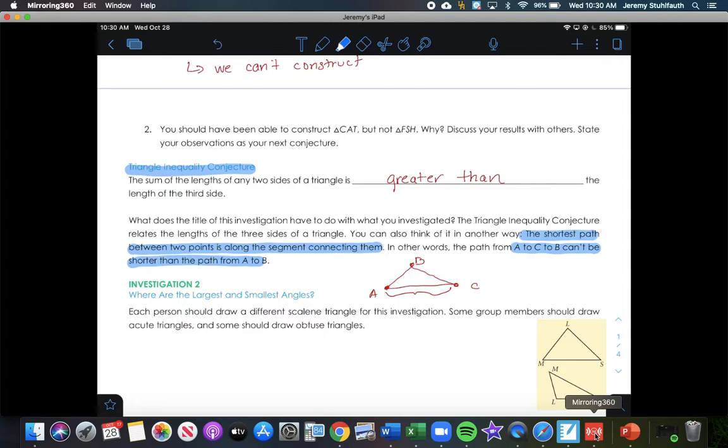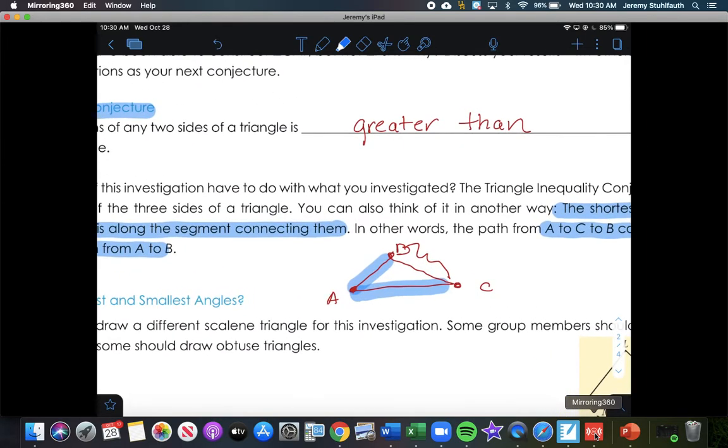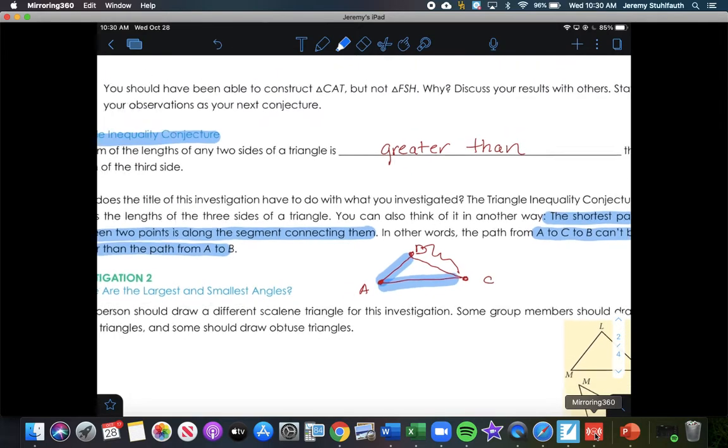And you can take that the other way. We know that the distance from B to C is the shortest distance from B to C. So if you take BA and AC, that sum has to be longer than the distance BC. Okay?